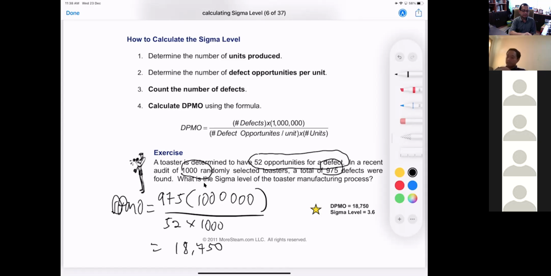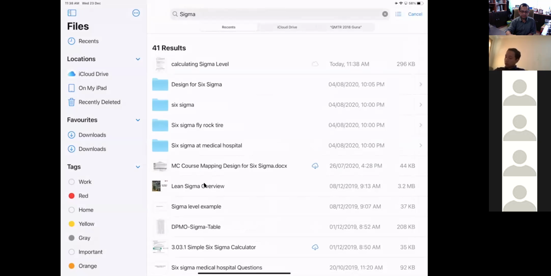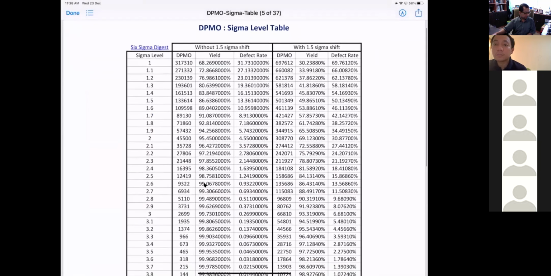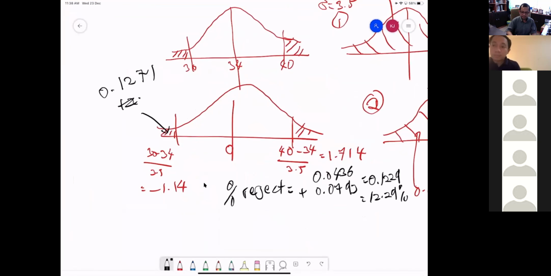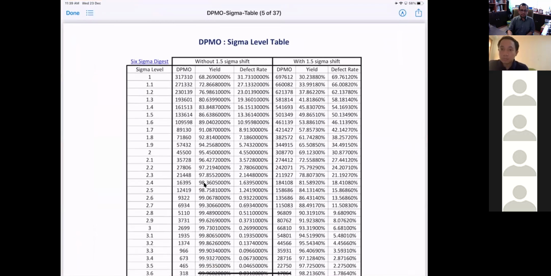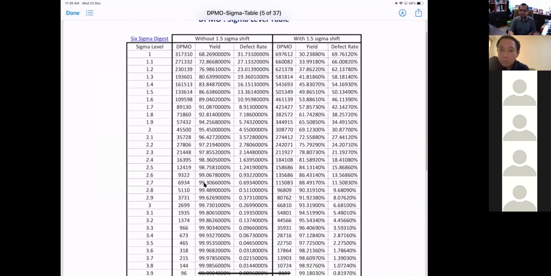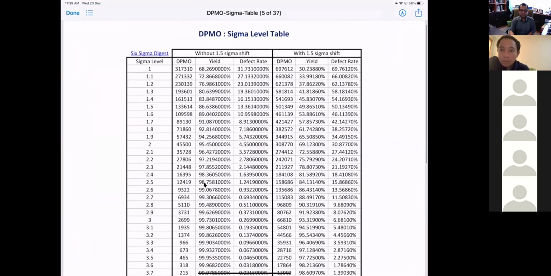So we have a table for that. 18750, sigma level table. 18750 is based on without shift first.